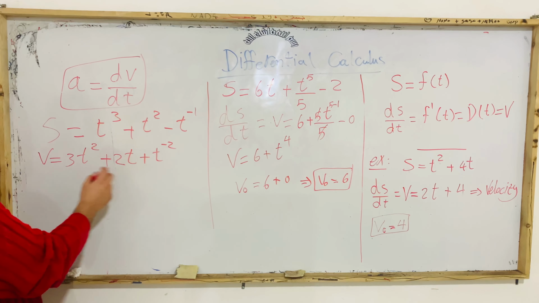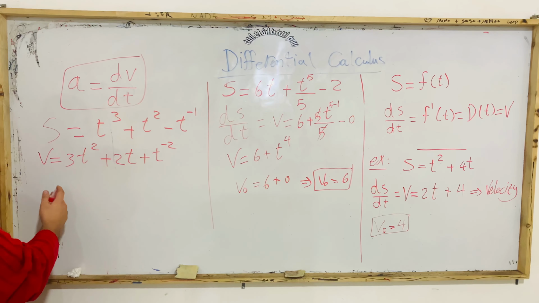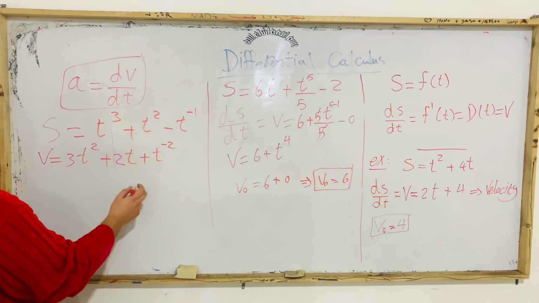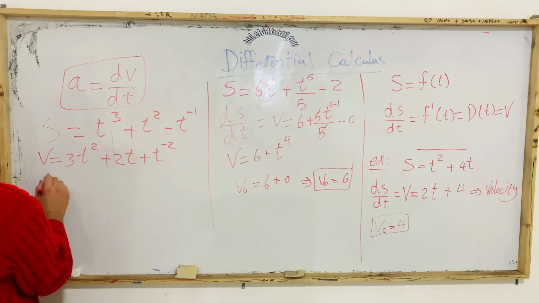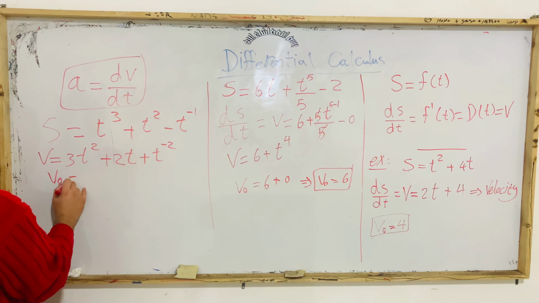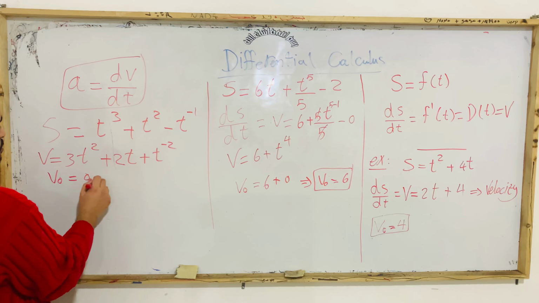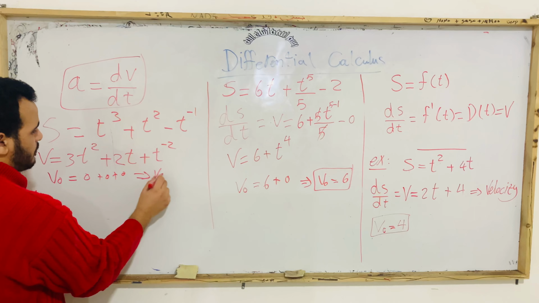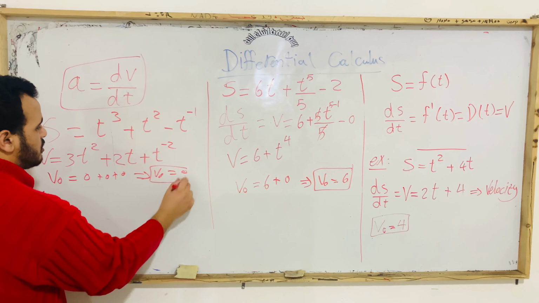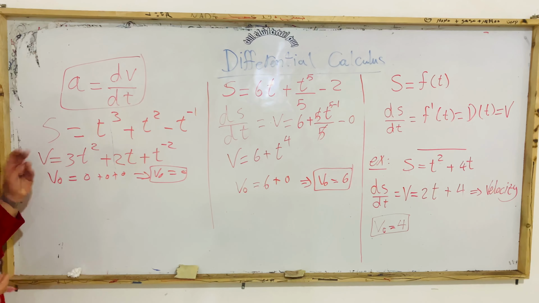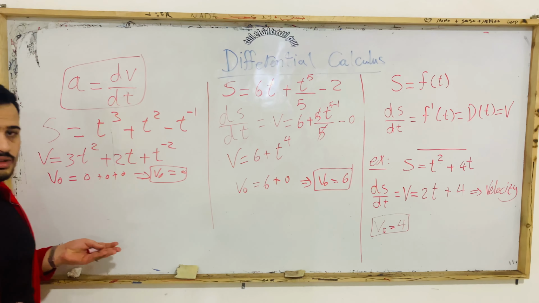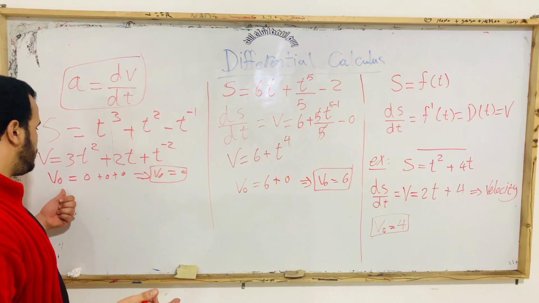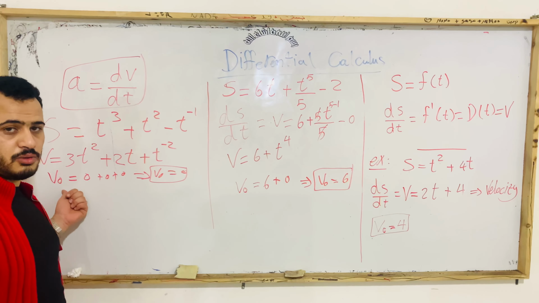So velocity, as you can see, is equal to the right hand side. If we're trying to find the v naught, it's going to be equal to 0 plus 0 plus 0, which is 0. So this vehicle started its speed from 0 kilometers.